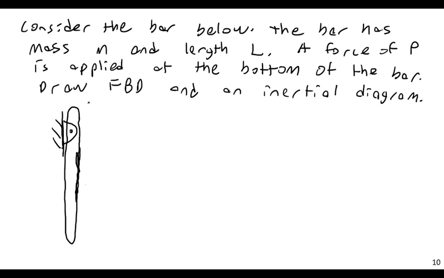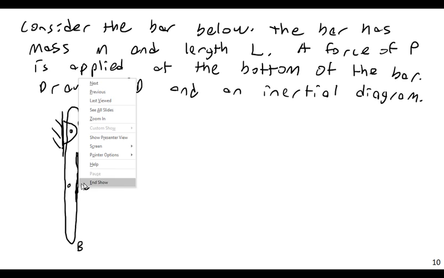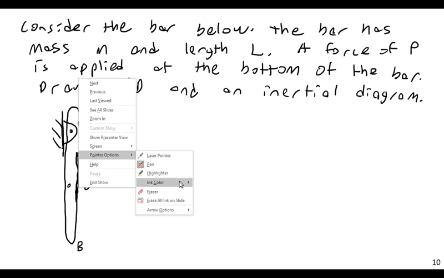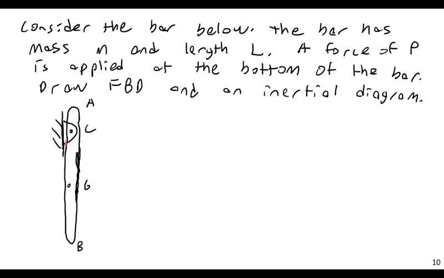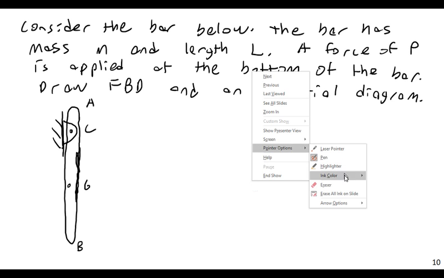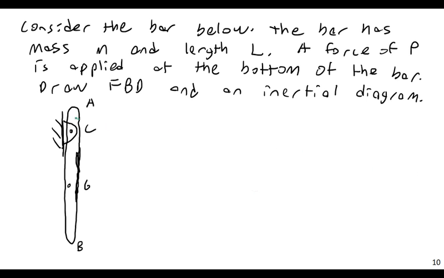Let's call this A, C, here's the center of gravity, G, and then point B will be the end point. I'll say that G is at length L over 2, and L over 2. So G should be about halfway down the bar. It's a little bit more than that, but in my drawing, that's okay. Not to scale. L over 2 and L over 2.